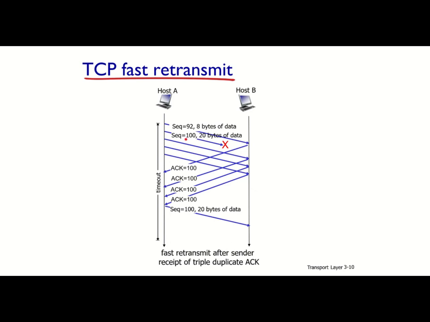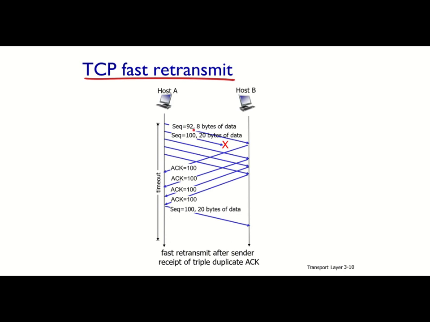For example, with sequence number 100, it sends 20 bytes of data, and then it continues sending 3 other segments. This is another one, another one, another one. So it sends a total of 5 different segments.